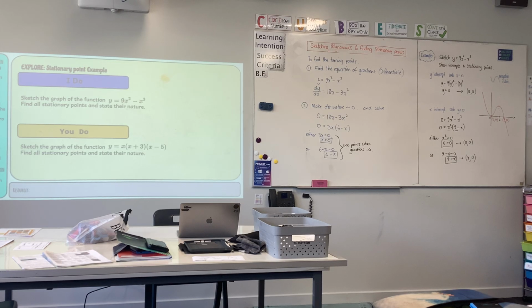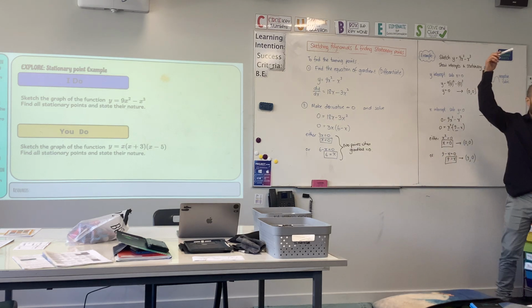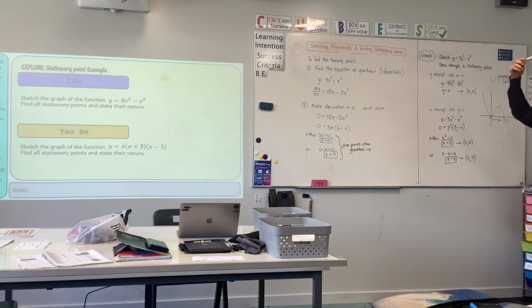Don't do that. One, it's not in the curriculum. Two, it's pointless and takes a long time and not required. You should have an idea of what the graph looks like and then substitute in some values to work out which one's the maximum and the minimum.